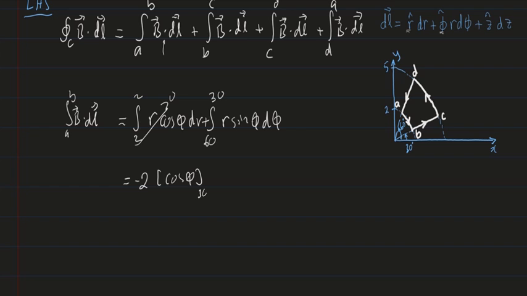So this is integrated from 60 to 30. So this is minus 2 times cosine 30, which is square root of 3 over 2, minus cosine 60, which is 1 over 2.